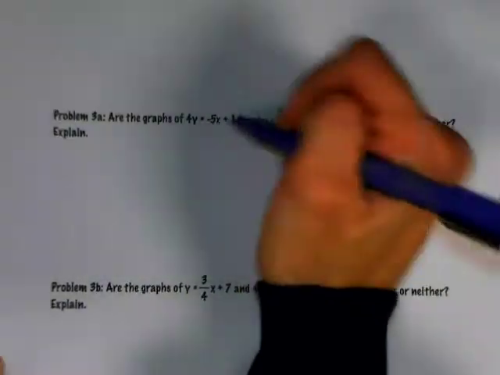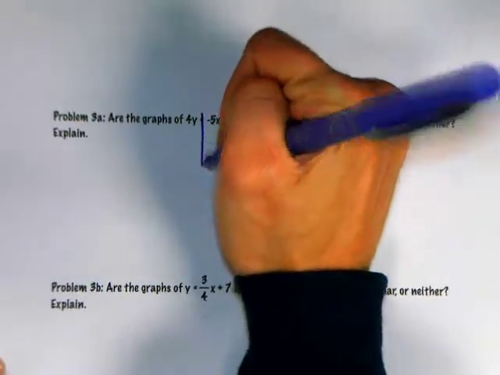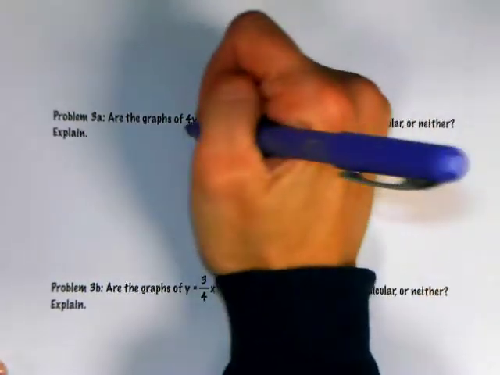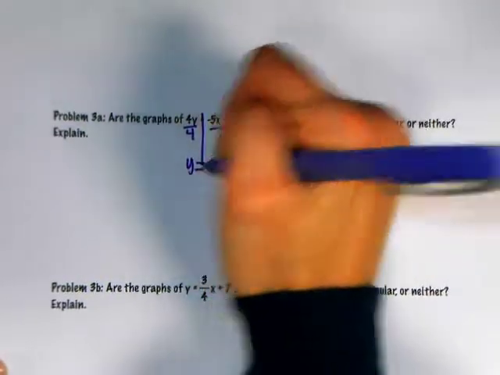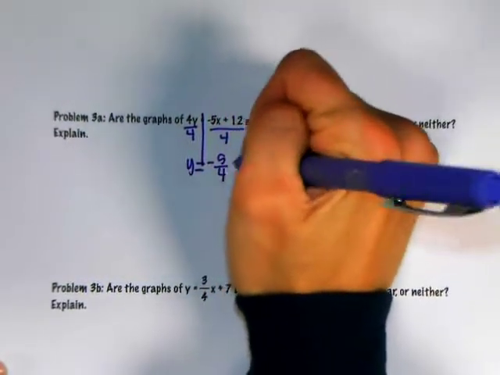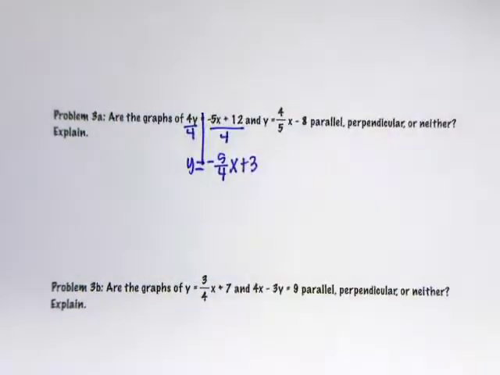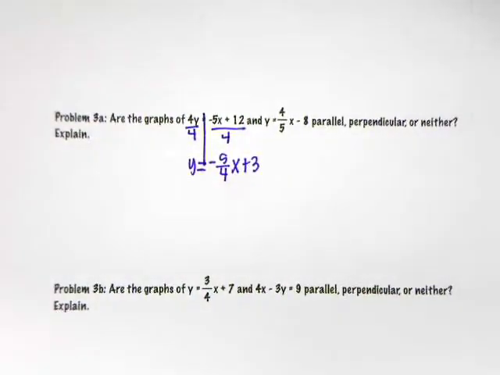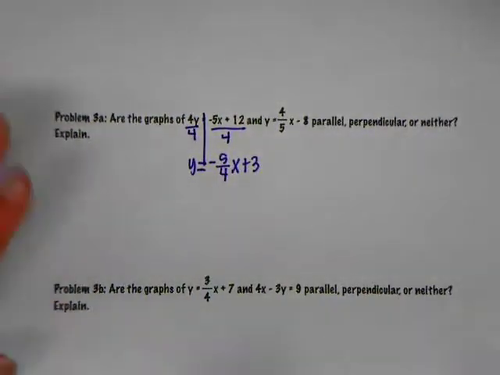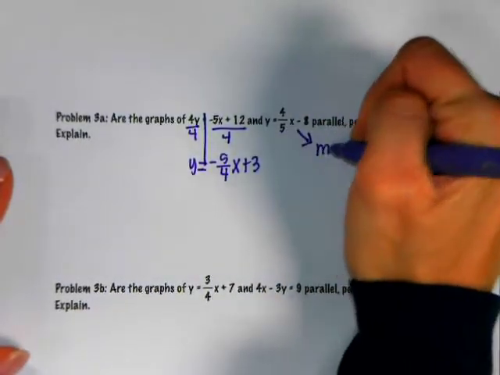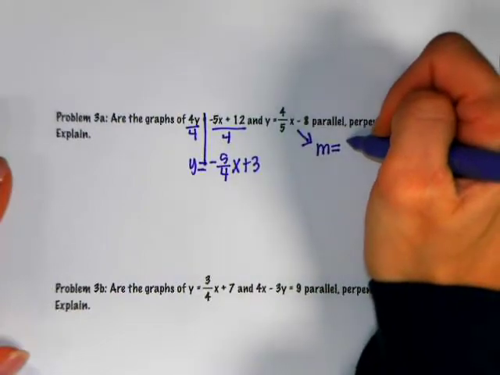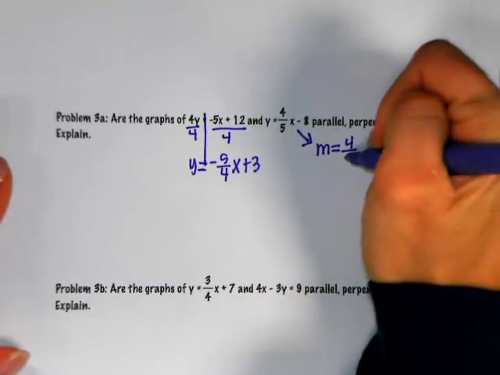So here I need to get y by itself, so how am I going to do that? So y equals -5/4 x plus 3. And this one's already good to go. So what is the slope of this one over here? 4 over 5.